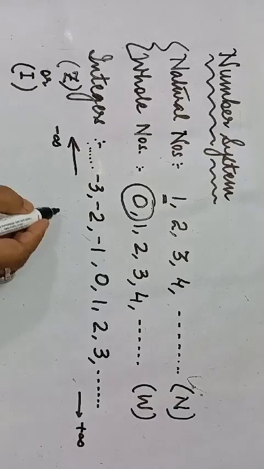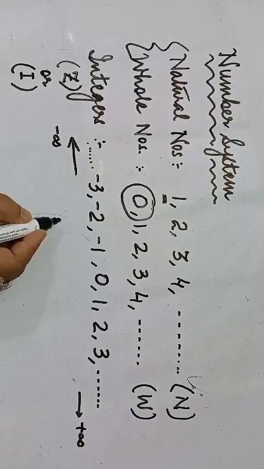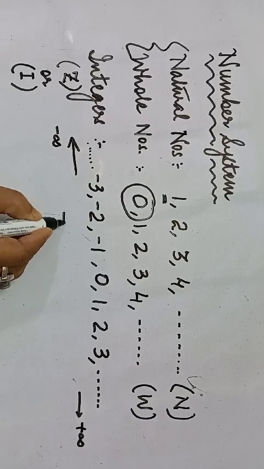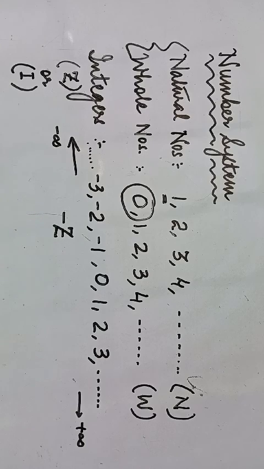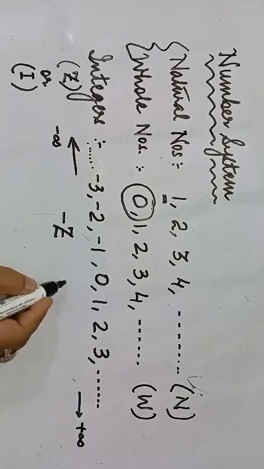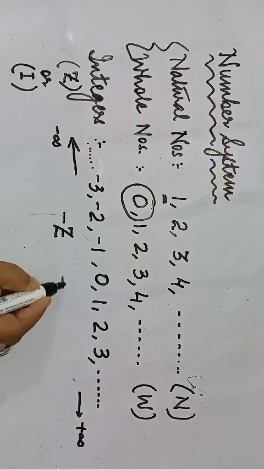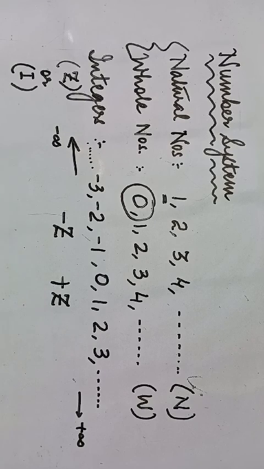And you must also remember that in some cases the negative integers are represented with a minus sign along with Z, and all the positive integers are represented with a plus Z sign. So whenever somebody in number system or in questions related to sets uses this plus Z and minus Z, you now know what they mean.